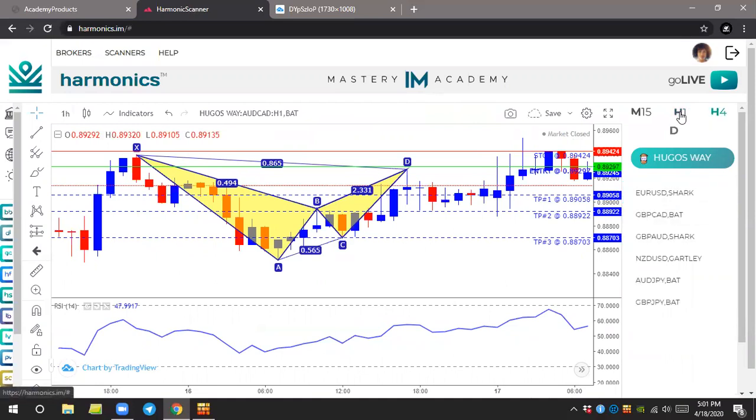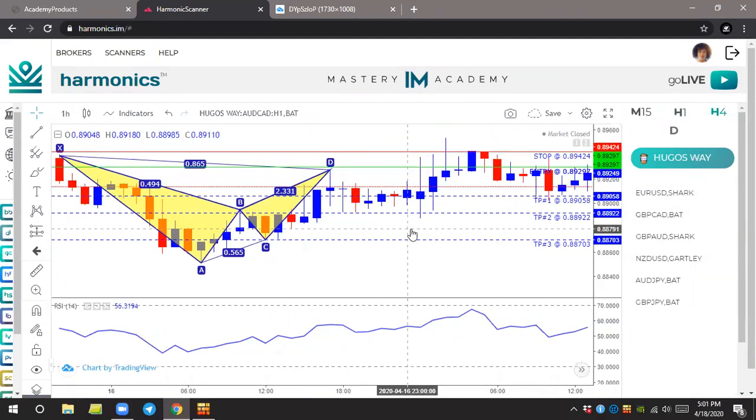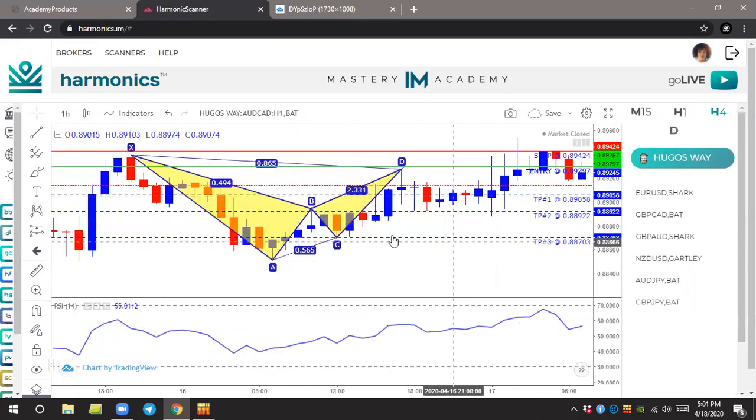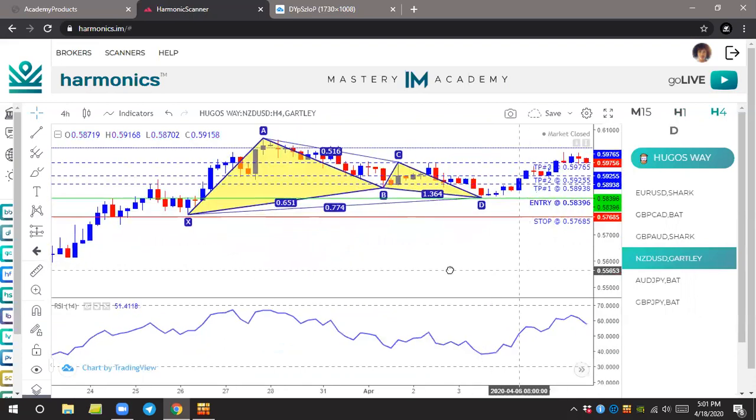Whether you're looking at the 1 hour or the 4 hour, if you see one of these trades coming up at a certain time, you want to make sure that you're taking them because of the price and the time that it's at. So if it's at a high price at a certain time for that session, we can possibly expect that the high would be formed for that session, and then we could go lower. That is how we're looking at these charts.